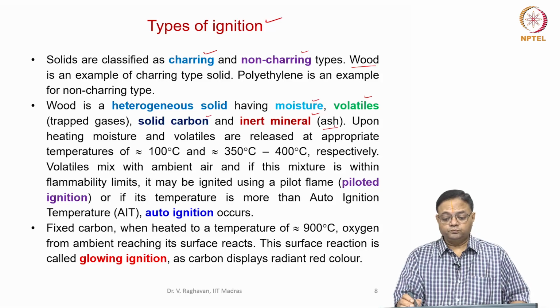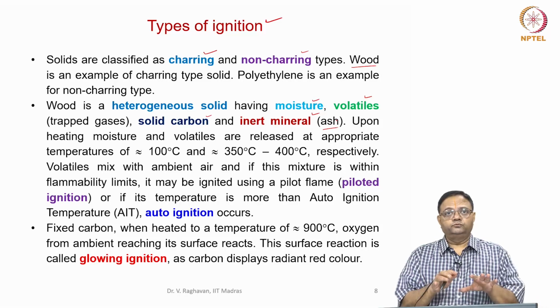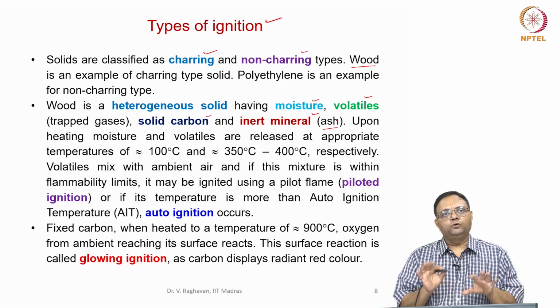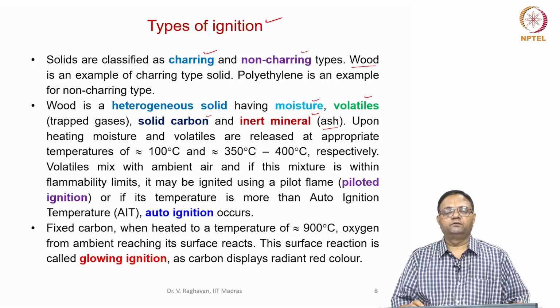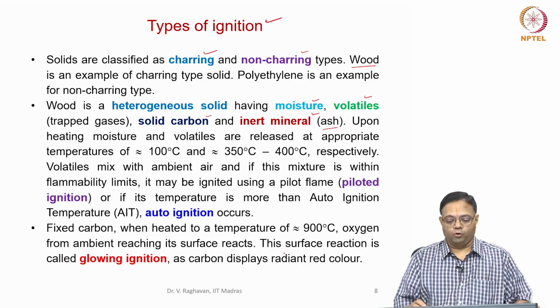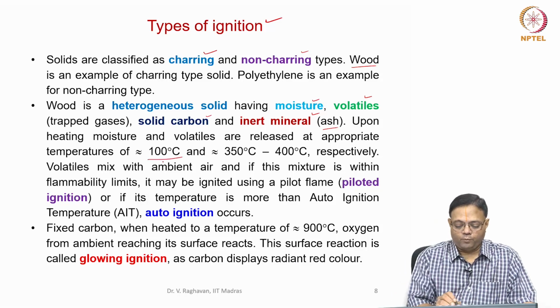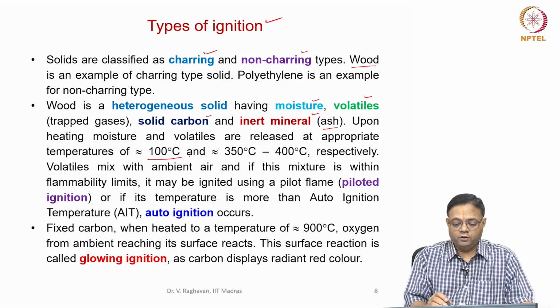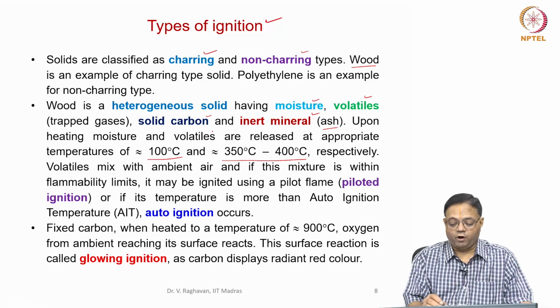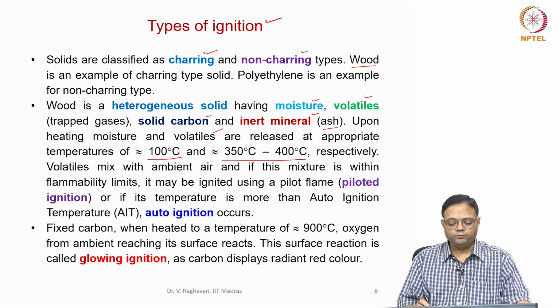So, now even though it contains these materials, it is intact as a single solid piece, but if you heat it, subject it to different temperatures, these components will come out. When you heat it to about 100 degrees, the moisture comes out, and in the range of 350 to 400 degrees, the volatiles come out and so on.